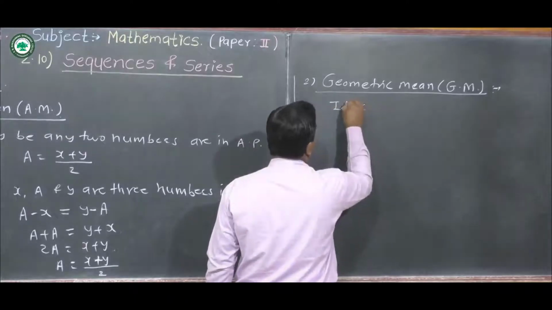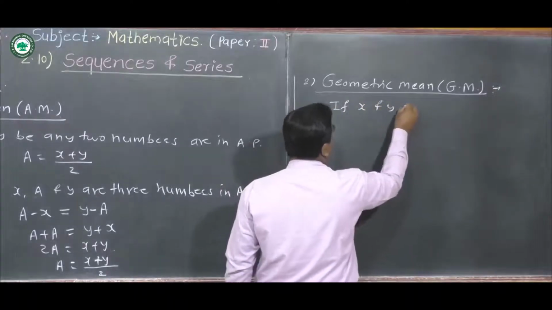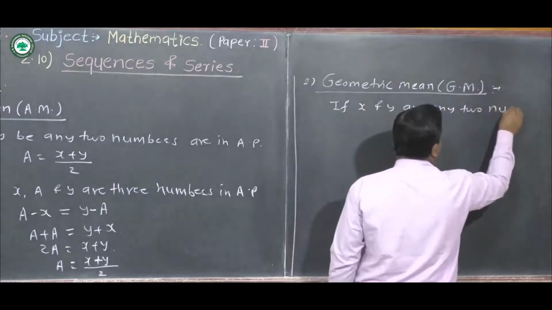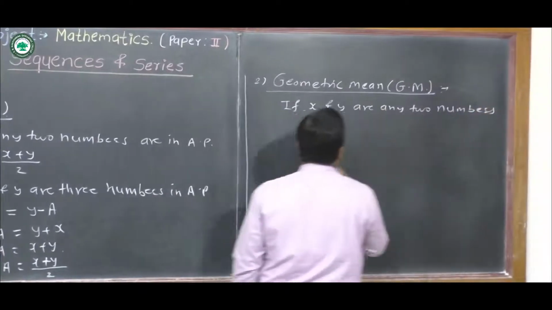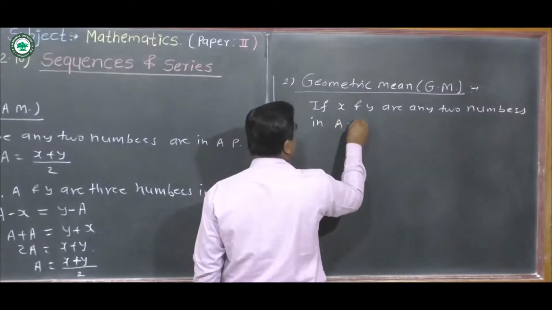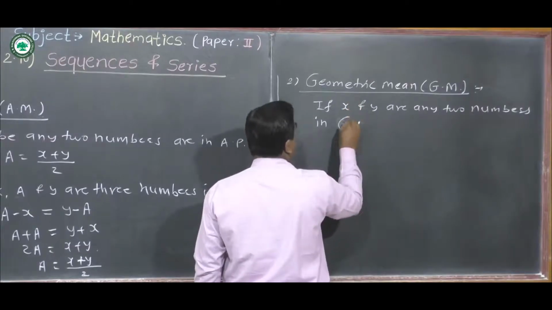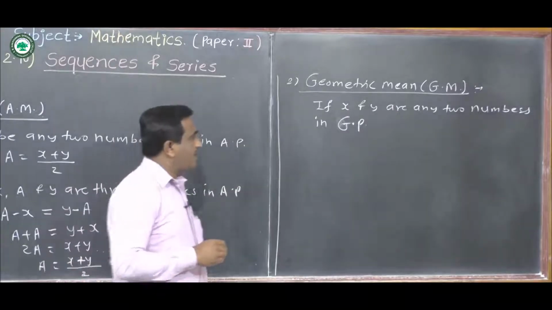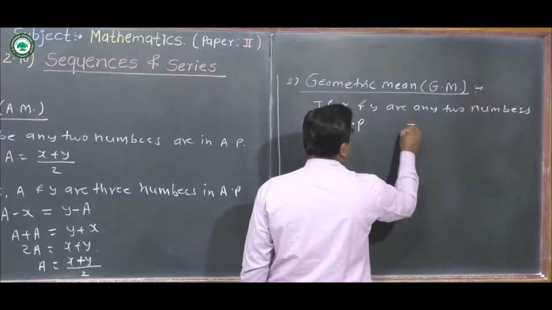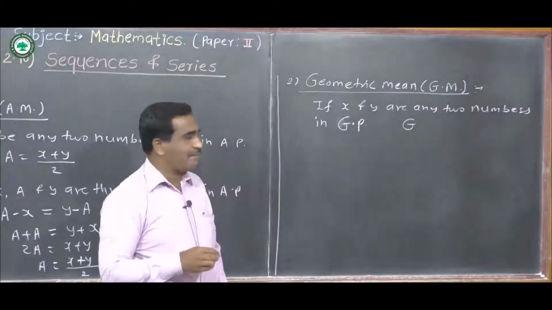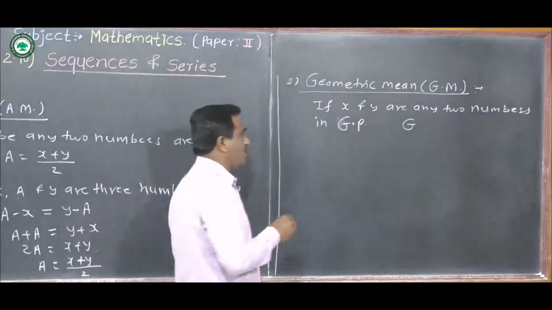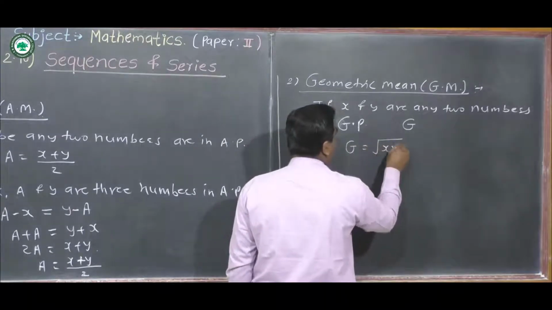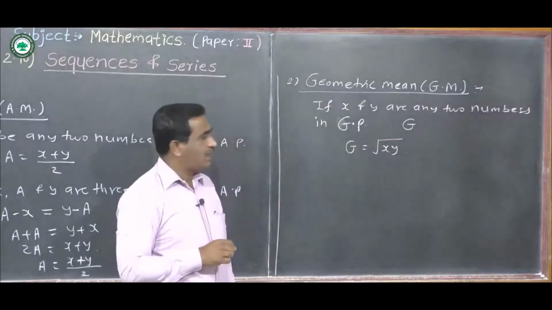If x and y are any two numbers in GP, in geometric progression, then the geometric mean is denoted by the notation capital G, and it is defined by G is equal to under root x into y.